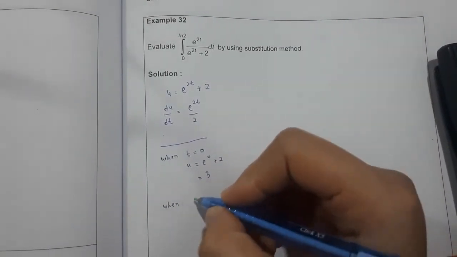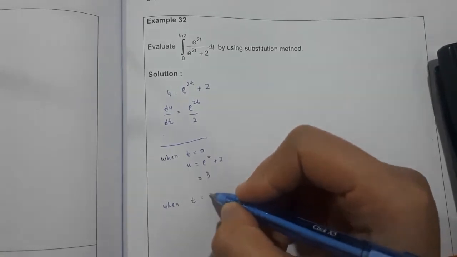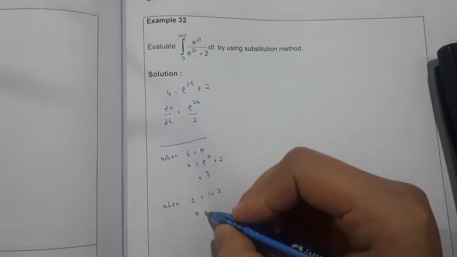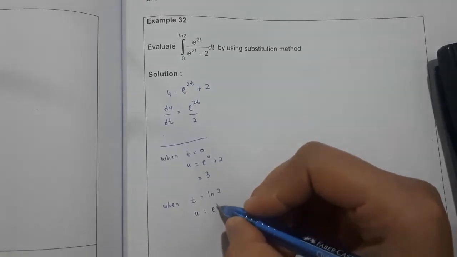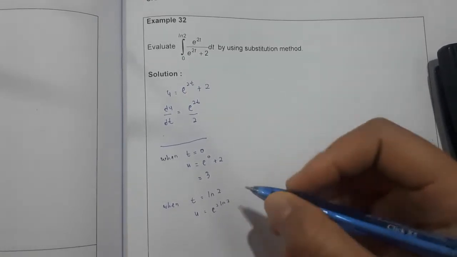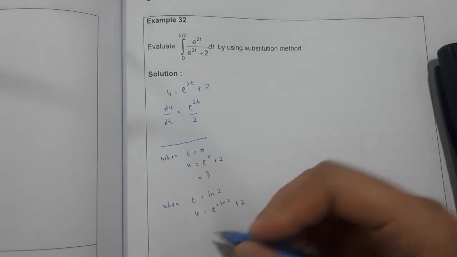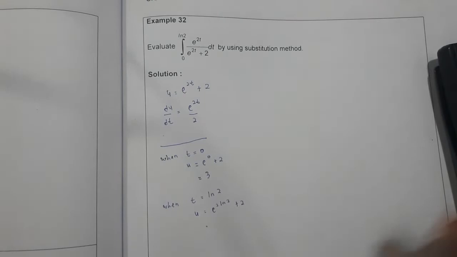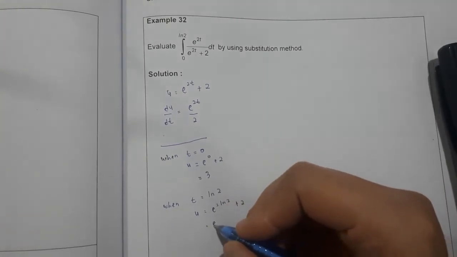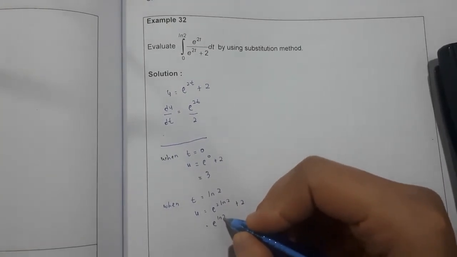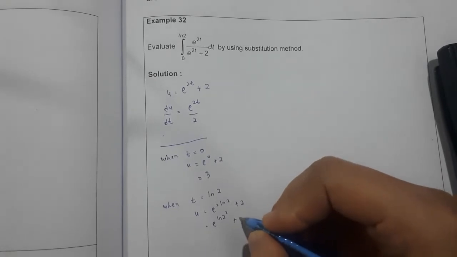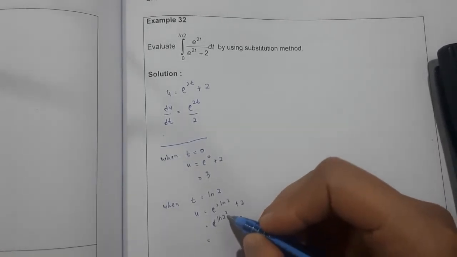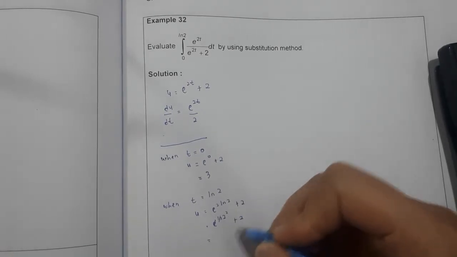And then when t equal ln 2, u equal exponent 2 ln 2 plus 2. Exponent 2 ln 2 is exponent ln 2 squared, we can cancel exponent and ln. So 2 squared is 4. 4 plus 2, 6.